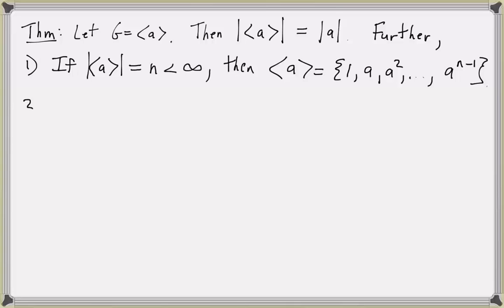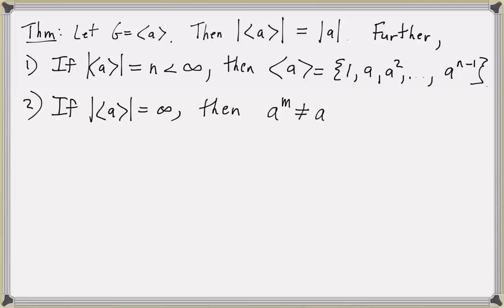Two, if this group has infinite order, then the power a to the m does not equal a to the n for all integers m and n which are not equal. So let's begin the proof.